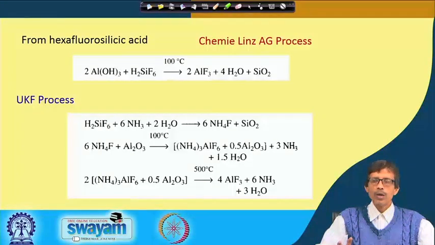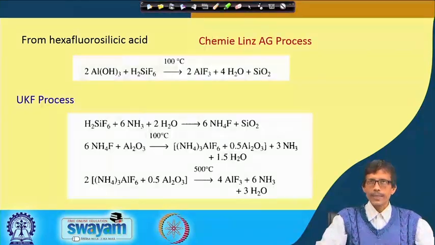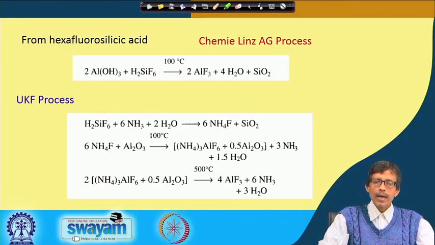So, some amount of bauxite is still remaining, because of the inherent character of this second reaction, which takes place at 100 degree centigrade. Whatever amount of ammonium fluoride you increase, you may not go beyond that.